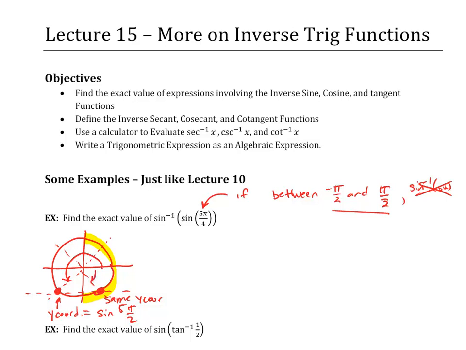So it's the down angle. This right here will be negative pi over 4, because that's negative 45 degrees.